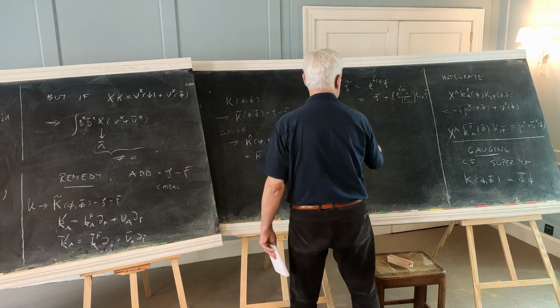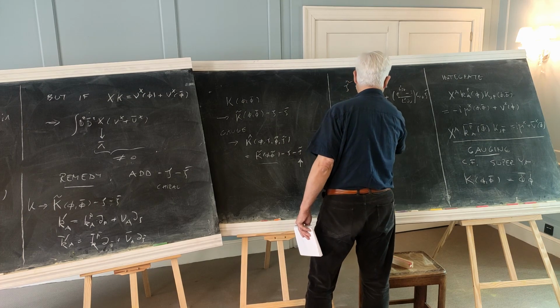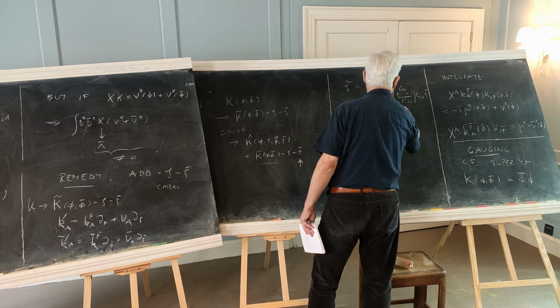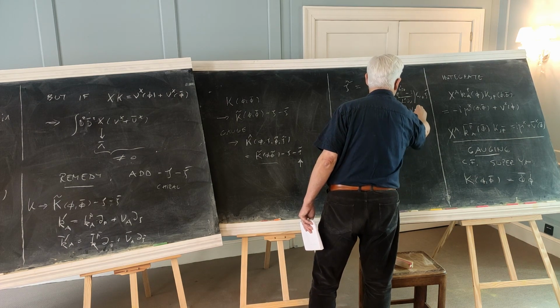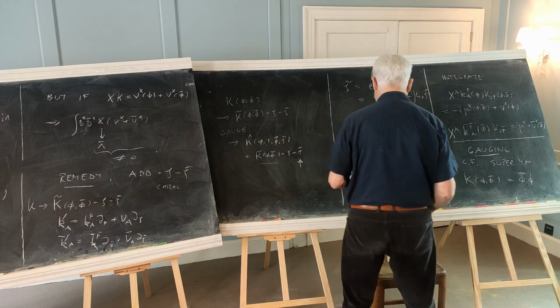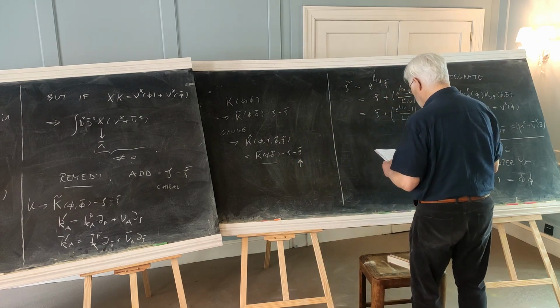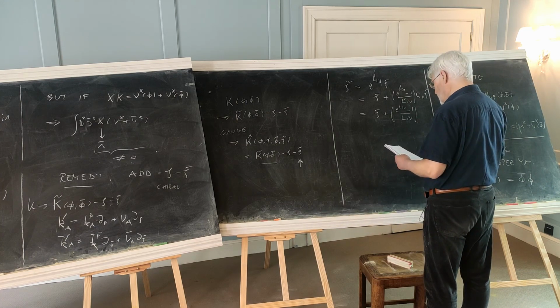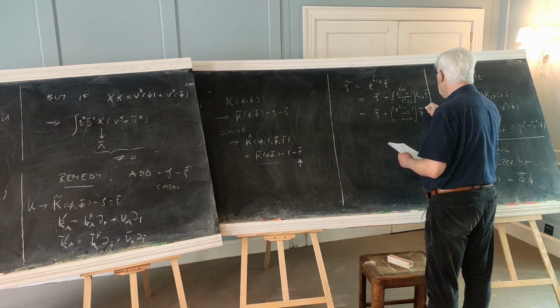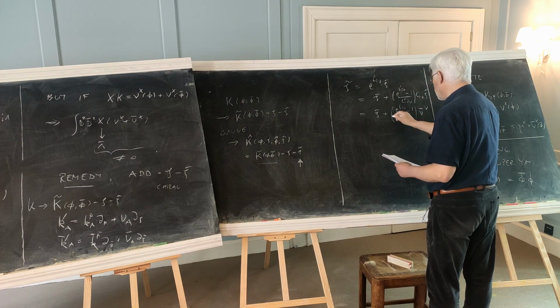So this is equal to zeta bar plus this thing, e to the LIV minus 1 over LIV acting on, and here we get the nu from down there, and we get nu bar V, and there's an I in here.